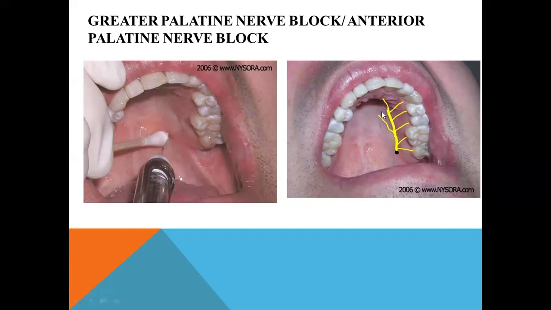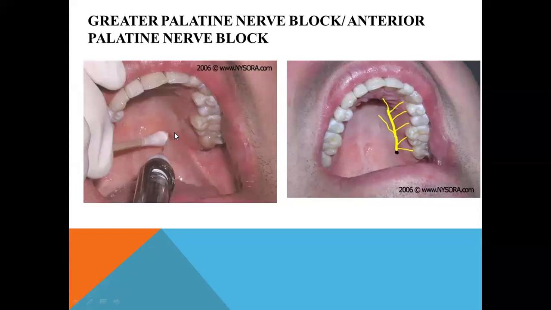How do you identify it? It's a simple way. You just palpate, either with your non-dominant finger or with something like a cotton bud. When you palpate the soft tissue from the canine and premolar to the molar, you will find a small depression over that region.